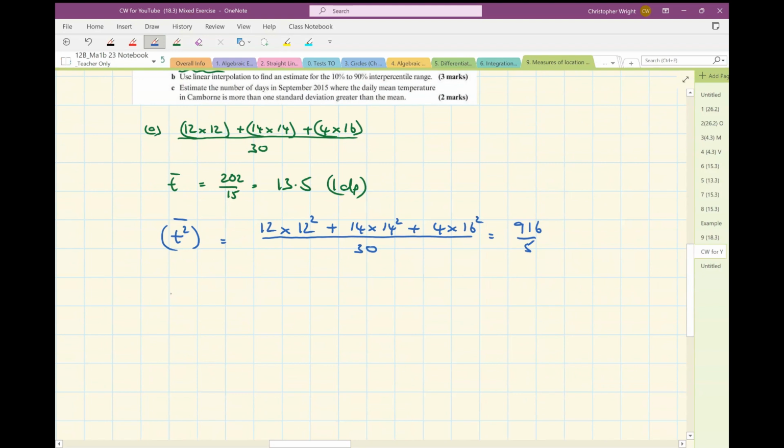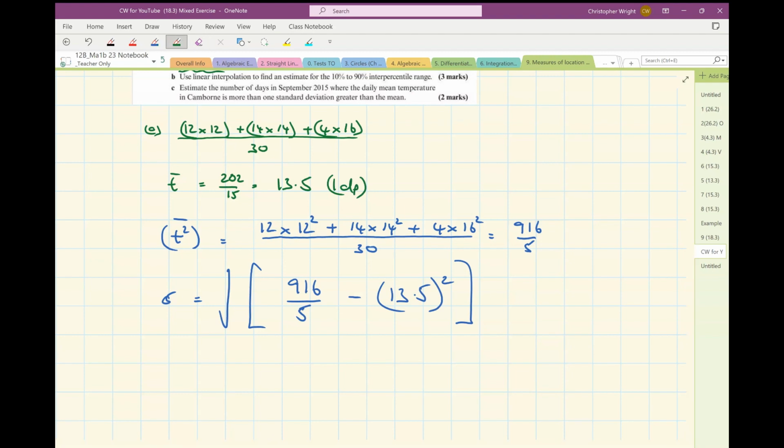So the standard deviation then will be the square root of the variance. What is the variance? Well, it is the mean of the squares, take away the square of the mean. Now, of course, don't use 13.5 here. Use the whole number.